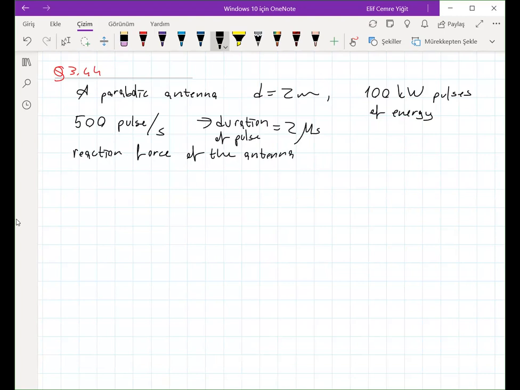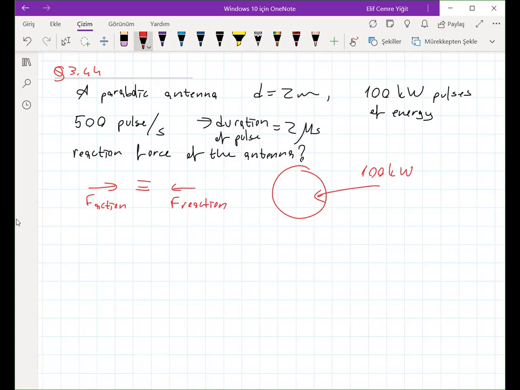We know that action and reaction, F action will be equal to F reaction. So if our antenna is hit by 100 kilowatt energy pulses, actually it transmits, so our antenna will not be hit, it will hit something.